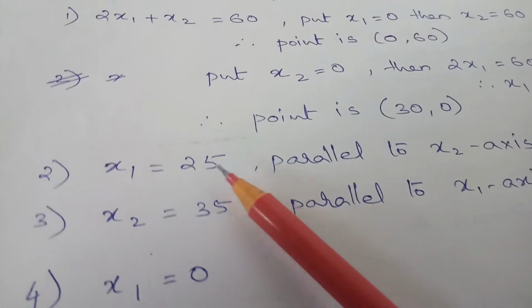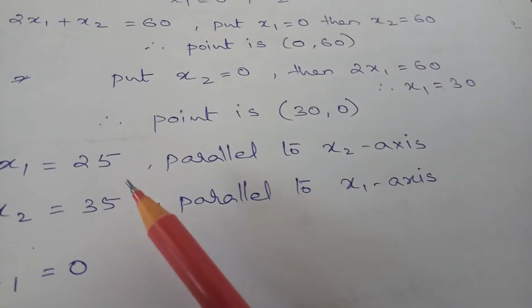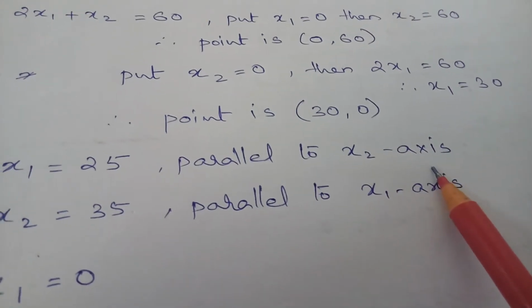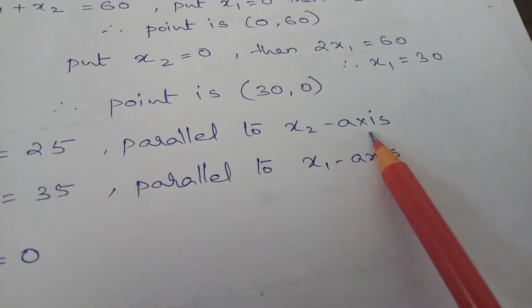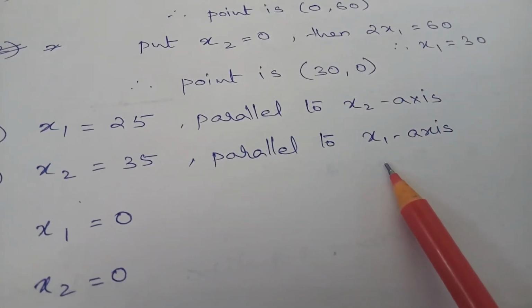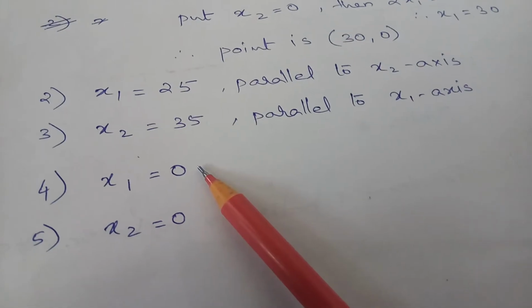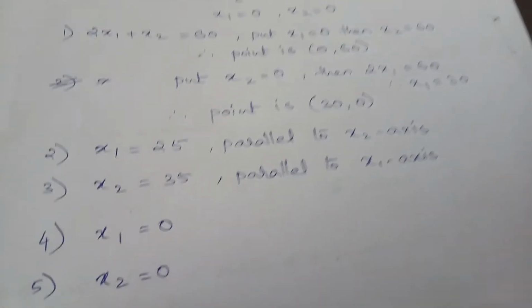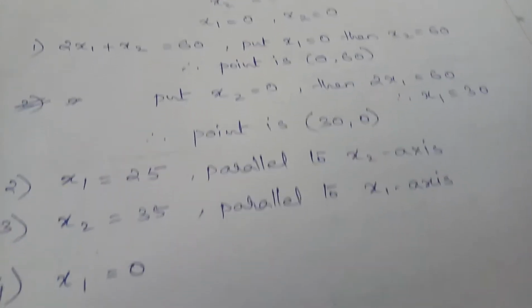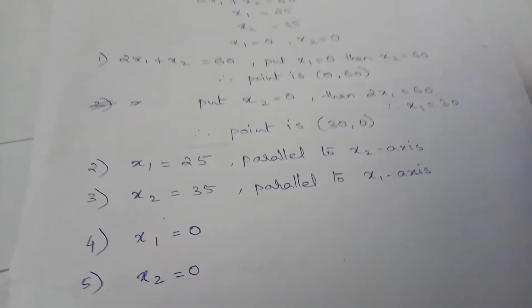Next is x1 equal to 25, which will be parallel to the x2 axis, and x2 equal to 35 will be parallel to the x1 axis. Then x1 equal to 0 and x2 equal to 0. So these are the converted equalities. Now we are drawing the graph.